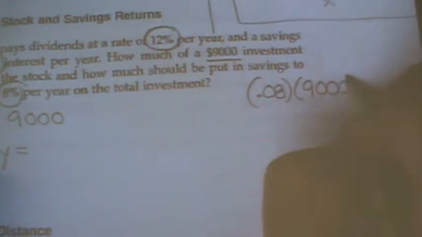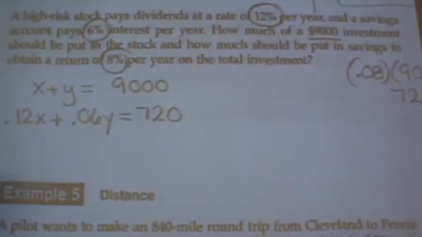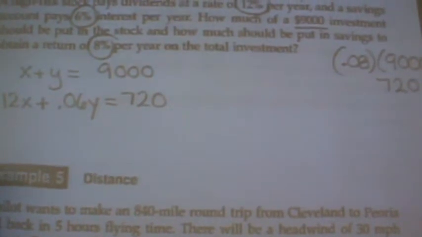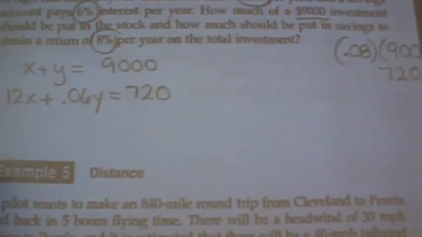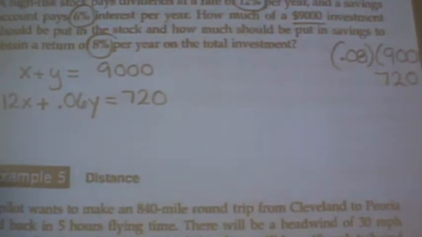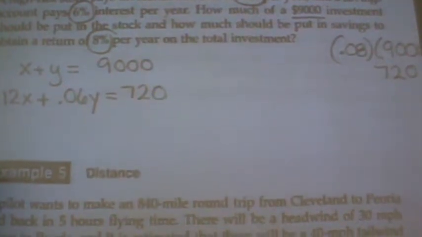I think it's $720. So we want to earn $720. It's free money that the bank gives you when you give them money, because they're going to turn around and use that money to loan it out, and they make money on that money.